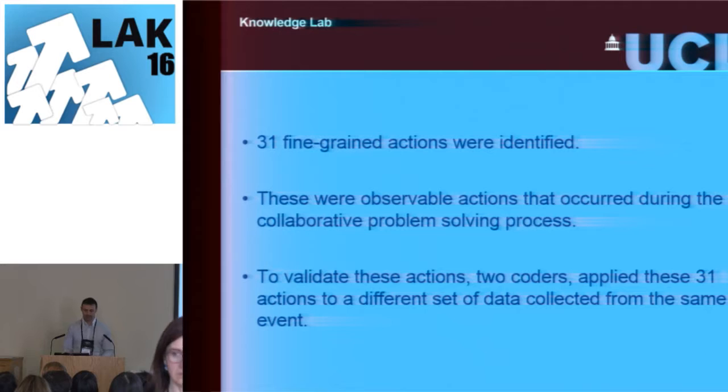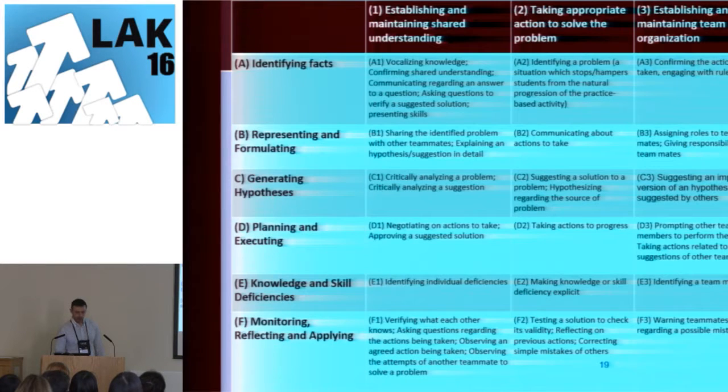And in order to validate these actions, two coders applied the same codes in a different set of data to see if the tags and the observable actions that we came out with were actually applicable in different contexts. So it ended up being this huge table. I don't really expect you to read it all.